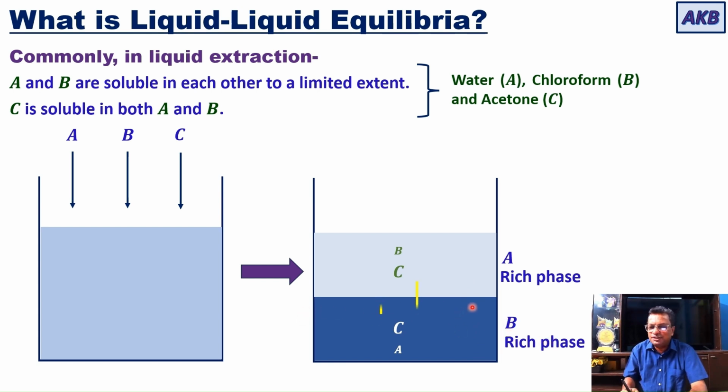The mixture separates into the A-rich phase, which contains majorly A, then C and a little amount of B, and the B-rich phase, which contains majorly B, C and a little amount of A. So at equilibrium, in this case, we will have an A-rich phase and a B-rich phase. So this is how equilibrium is reached in this particular case.